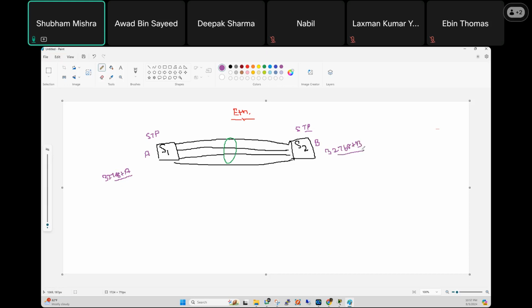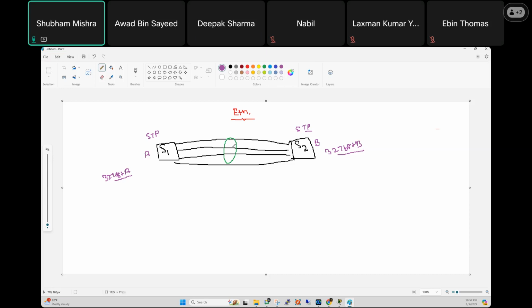When both switches come up, they start exchanging BPDUs. You know BPDU, right? So when both switches start exchanging BPDUs, I already told you one more thing.